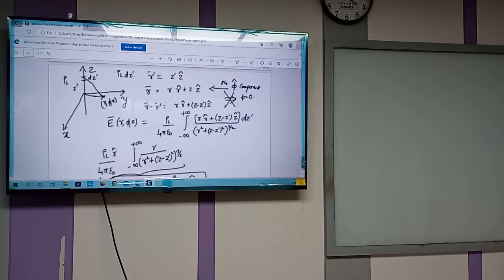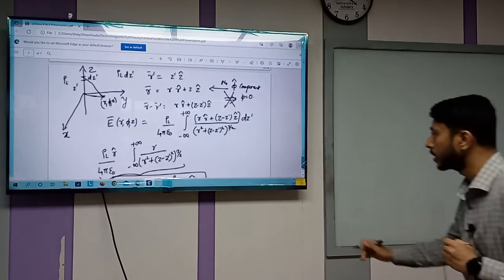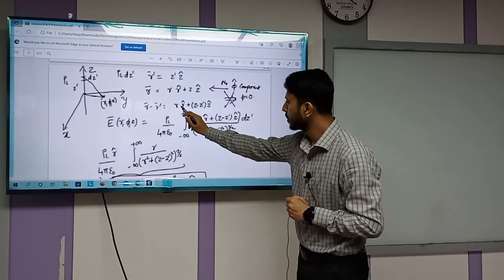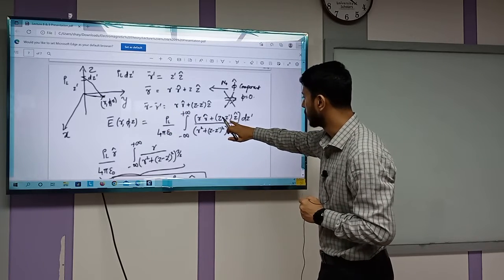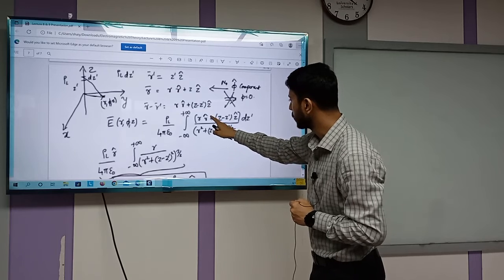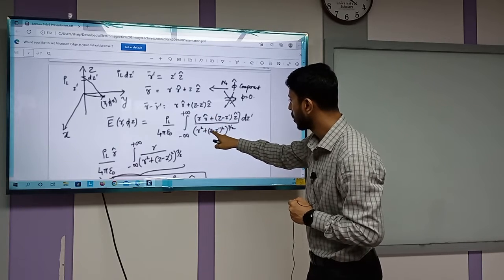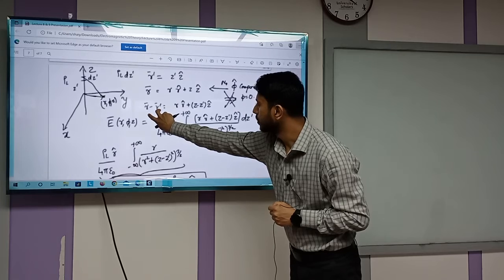Inside we have r minus r prime, which will be divided by the magnitude of r prime cube. So the equation becomes this. You have to put this over here, and you have to take the cube root of this value.